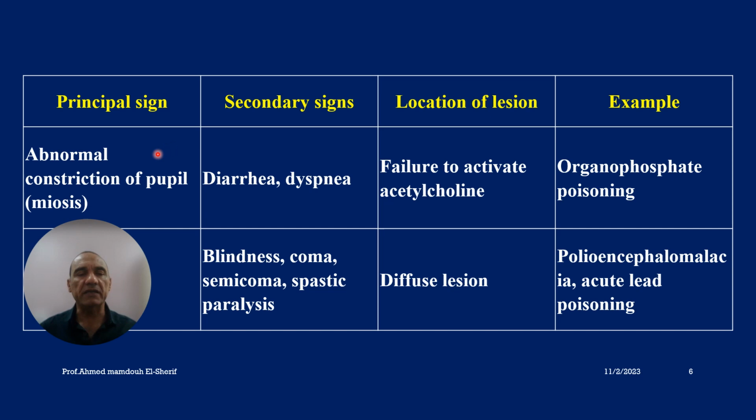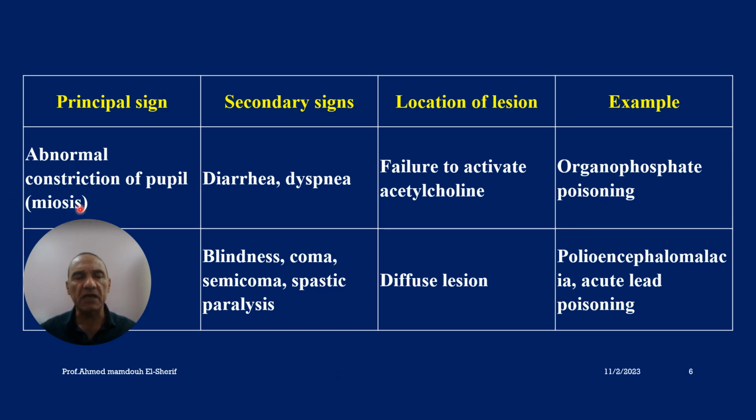When the principal sign is abnormal constriction of the pupil, miosis, and secondary signs are dyspnea and or diarrhea, the location of the lesion will be failure to activate acetylcholine, which transmits the signal of nerves between the different nerve conduction, and the example will be organophosphorus poisoning.